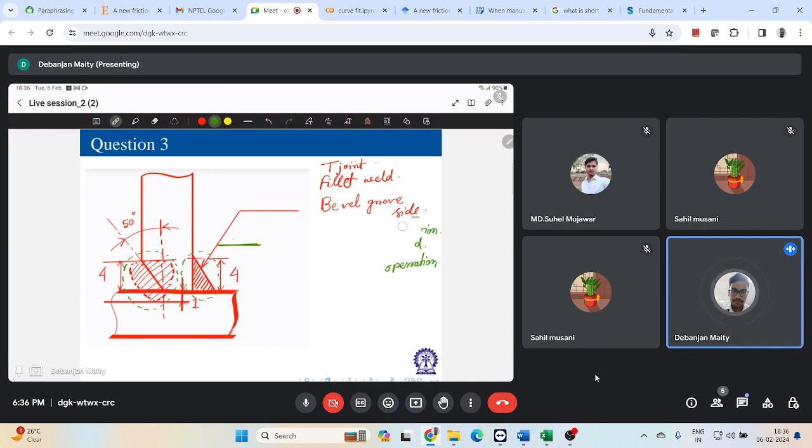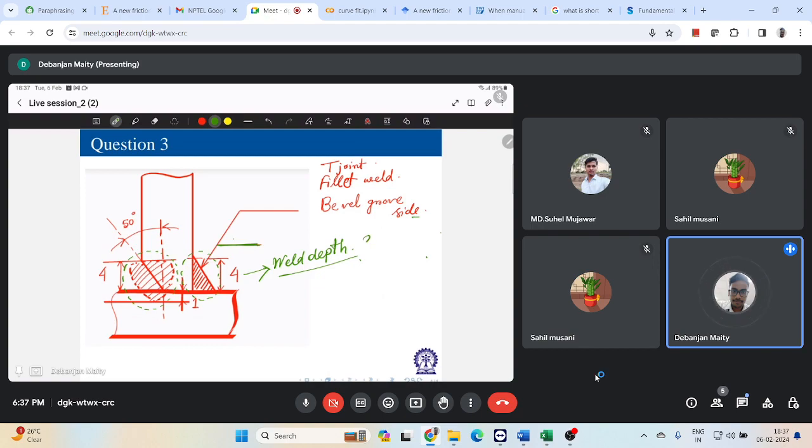So what else do we have for the fillet weld? For fillet weld, we have this weld depth, right? I have not mentioned what the fillet size is.